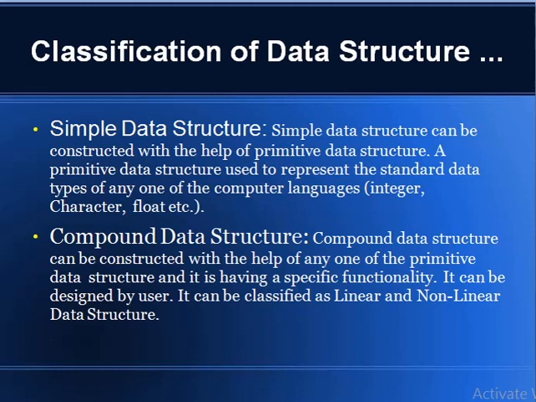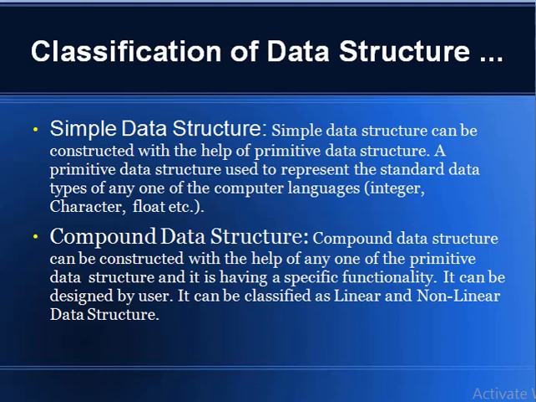Whereas the compound data structure can be constructed with the help of any one of the primitive data structures, and it has a specific functionality. It can be designed by the user.